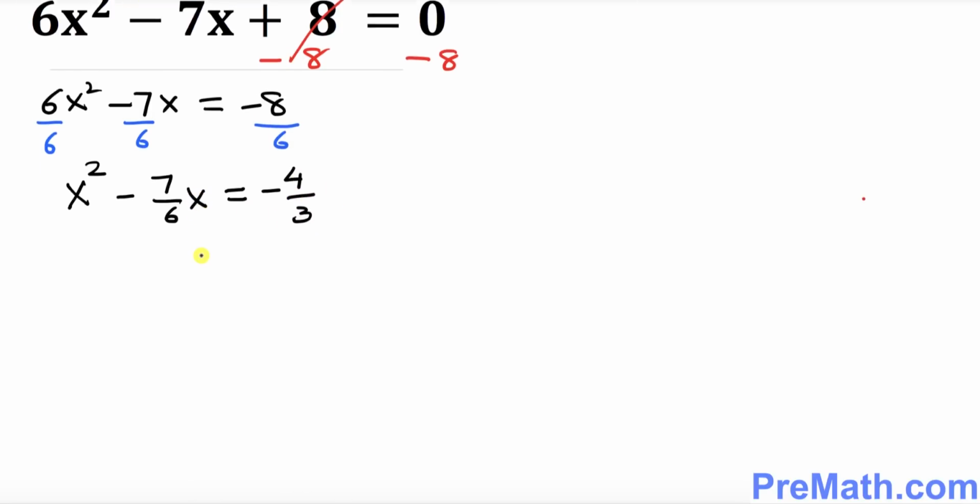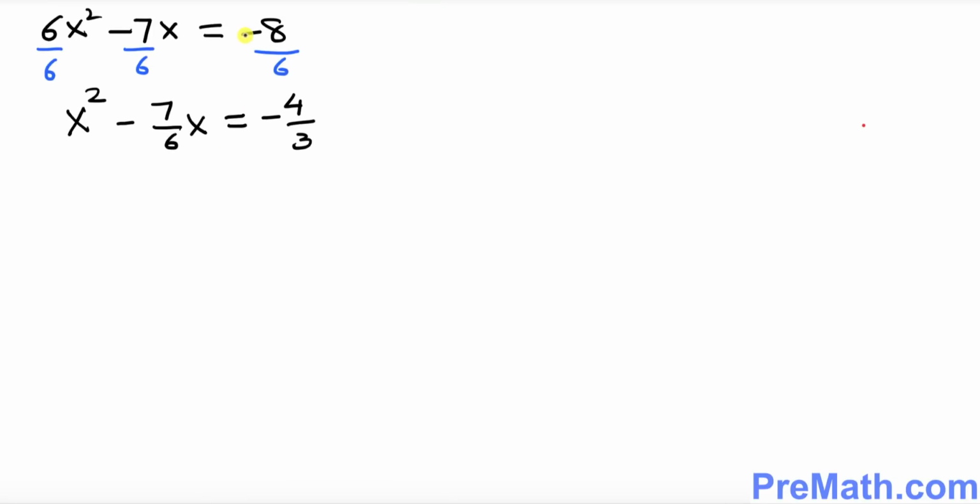The next thing I want you to look at is only the coefficient of x. Don't worry about the negative sign. I'm looking at only 7 over 6. Whatever this number is, you must divide it by 2. 2 can be written as 2 over 1.